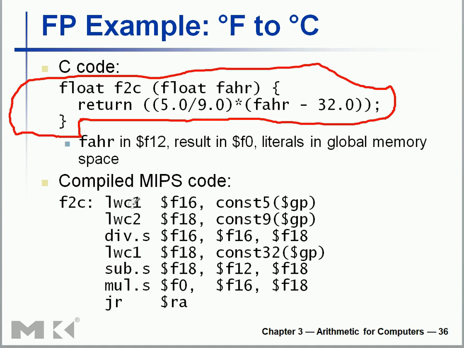So for loading float values, you have to use load C1, load C2, and dealing with them, you use these registers, not LW, SW. Everything else is the same, except you might have noticed that these are all I types. We are using I types over here, and this is one R type instruction.